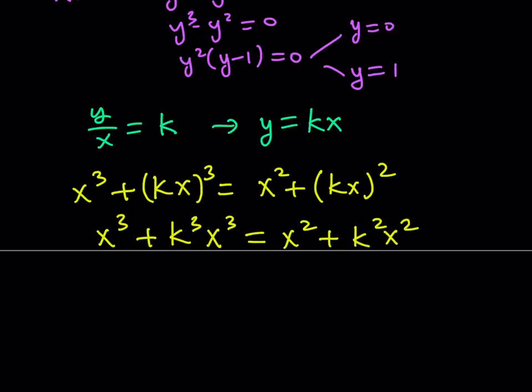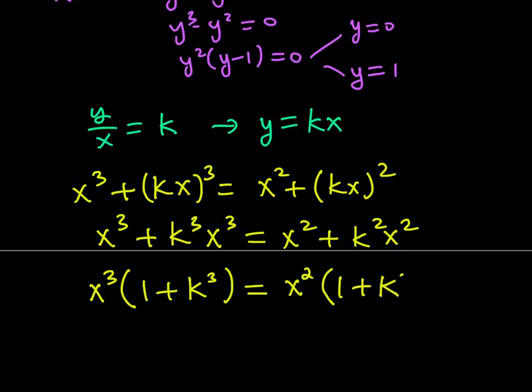Great. Now, one of the things we can do, and that's why we actually use this method, and that's why it works, is we're able to factor out an x cubed so that we can have k as a parameter. So we can pull out an x cubed here, and then we're going to have 1 plus k cubed. And same thing on the right-hand side, we can pull out x squared and end up with 1 plus k squared.